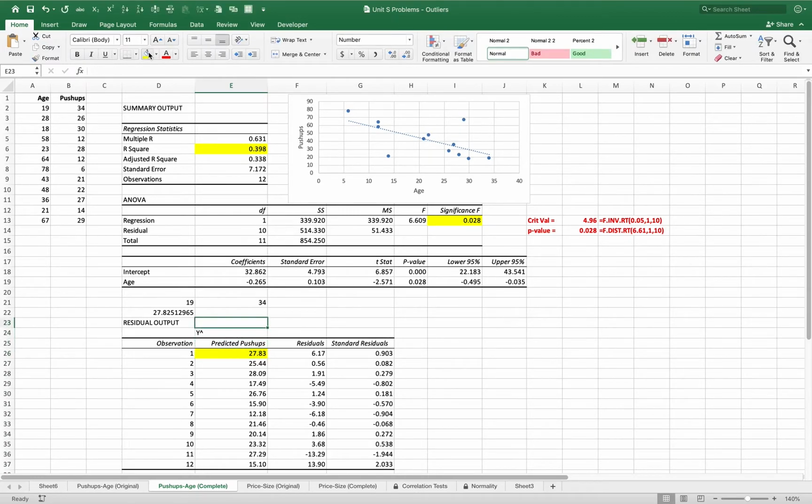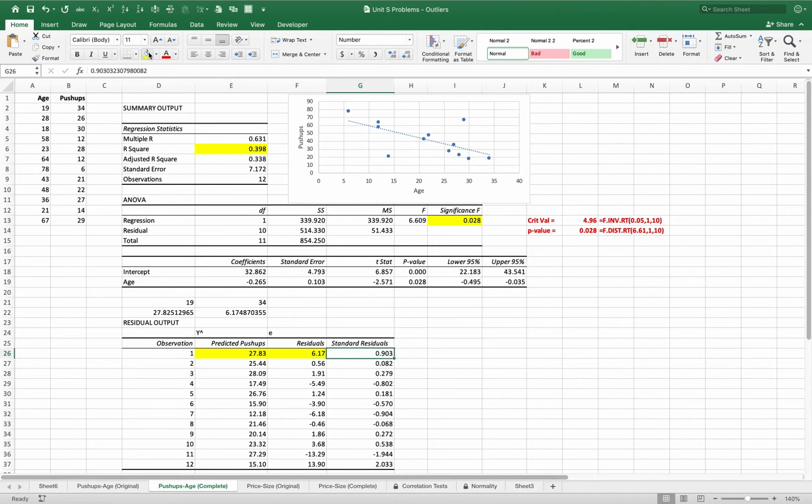Now, the actual observation was 34. So if we took the difference between those two, 34 minus the 27.825, we get the residual, or the error. These are the E's, or the residuals, and here's the 6.17. So 34 is 6.17 above 27.83.